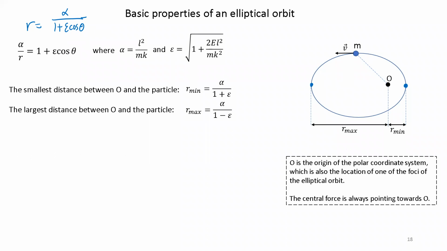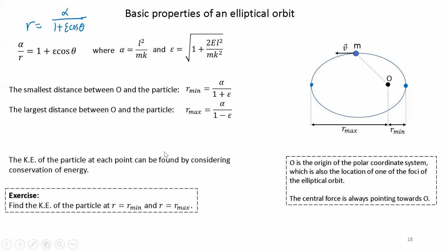Okay, so let's see. Now, if I give you the total energy of this particle, and you know that it is moving around this orbit, that means you know R. So you should be able to find the kinetic energy of this particle at all different points just by using conservation of energy.